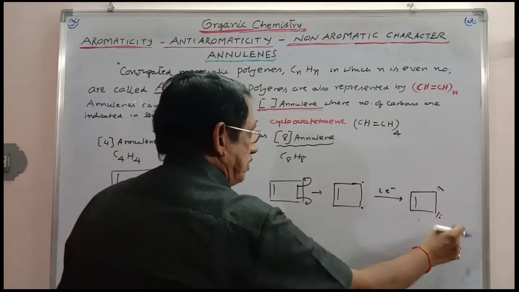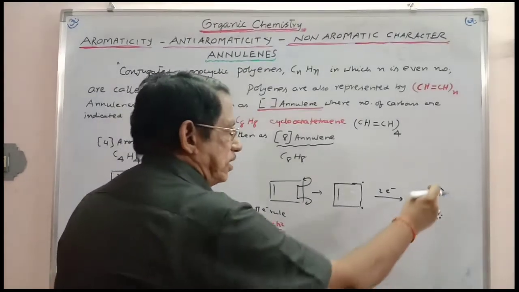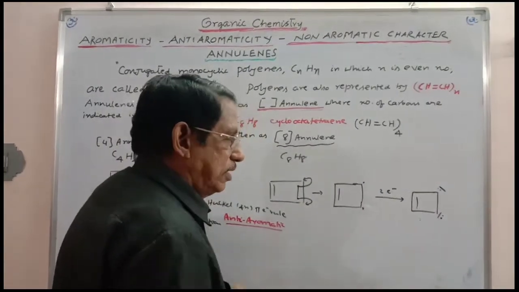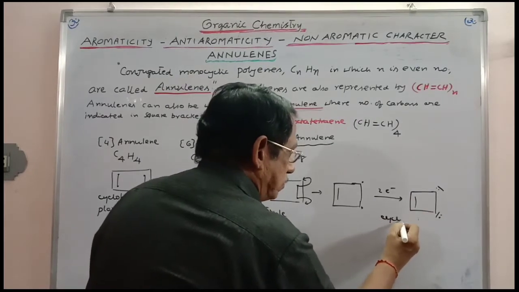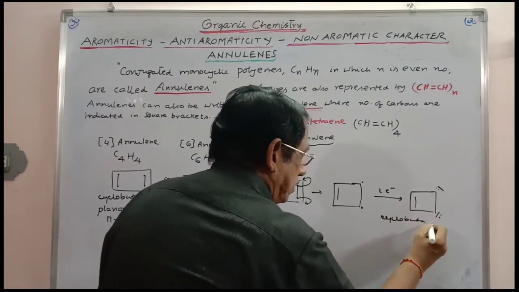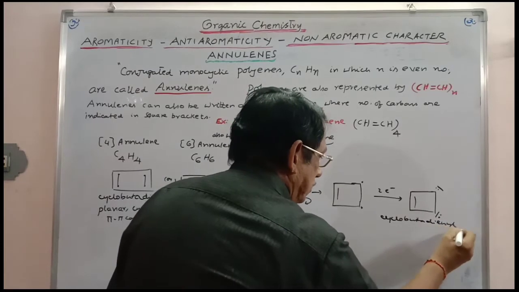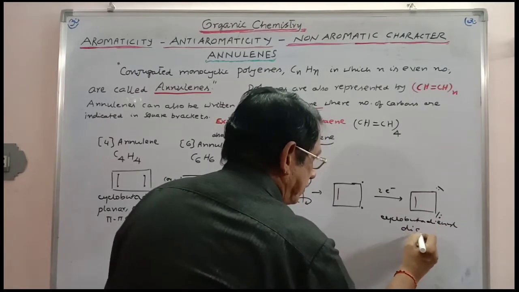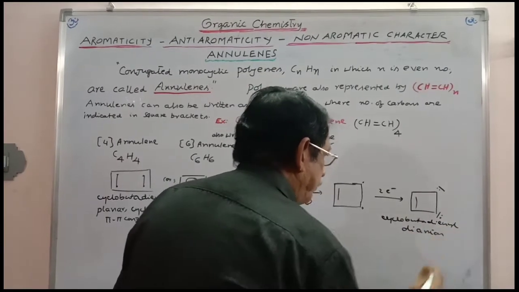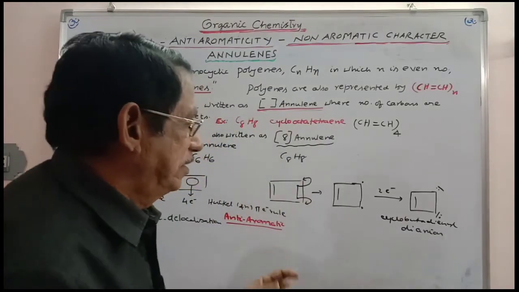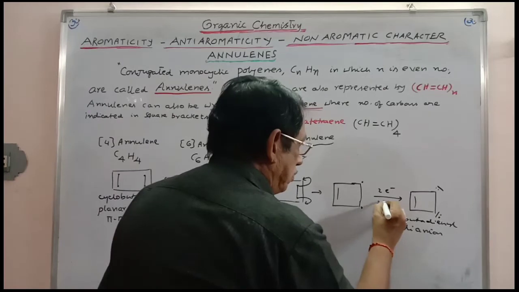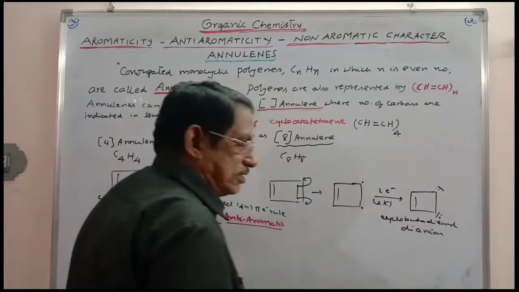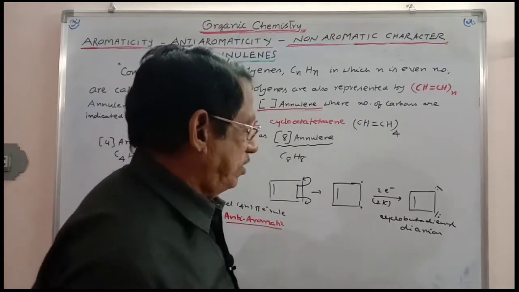These 2 carbons acquire minus charges, carrying 2 electrons each. And this is what you call cyclobutadienyl dianion. This happens when it is treated with metals like potassium in a solvent like ether or tetrahydrofuran.